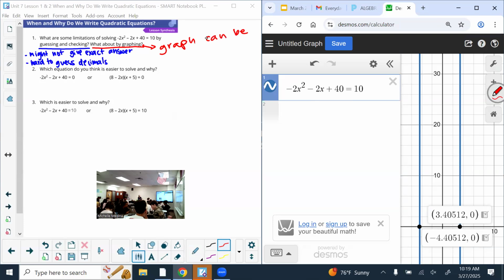And it's not showing you all the detail. It's not showing you the vertex. It's not showing you other parts, like if you think of the last example with the graph that you can see all along that U shape. You can't see the U shape when you see the x-intercepts.